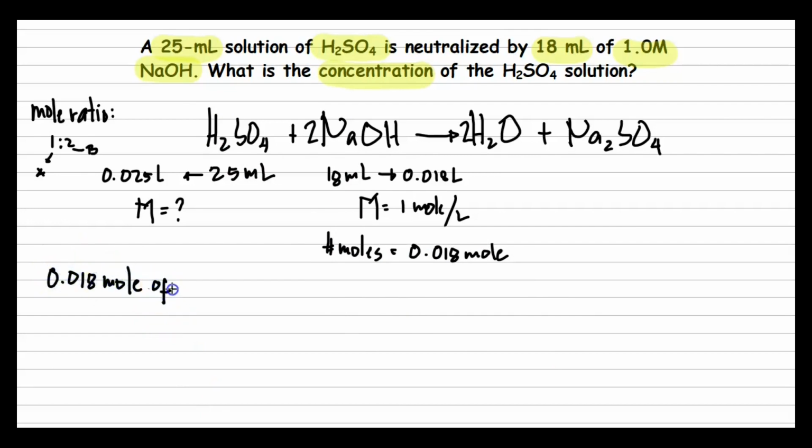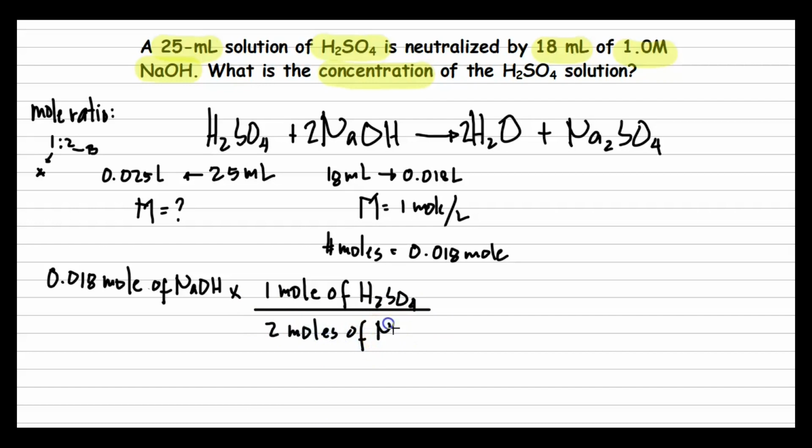NaOH multiplied by 1 mole of H2SO4 divided by 2 moles of NaOH. As you notice, I placed 1 mole of H2SO4 as the numerator and 2 moles of NaOH as the denominator because I'm trying to get rid of NaOH.